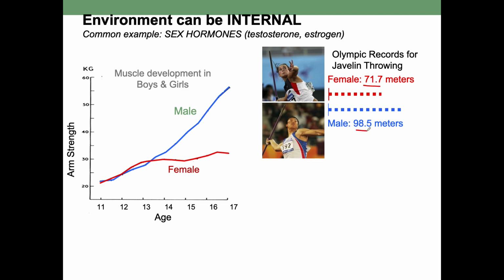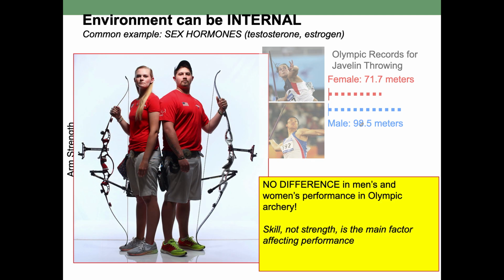And in biological males, it's 98.5 meters. That's because this is related to strength. If you look at things that are related purely to skill, let's say archery, there's no difference in biological male and female performance. Again, because this has nothing to do with strength.